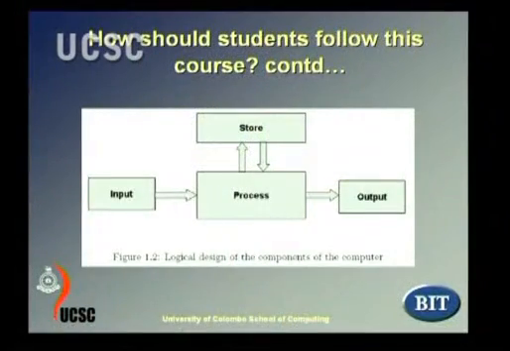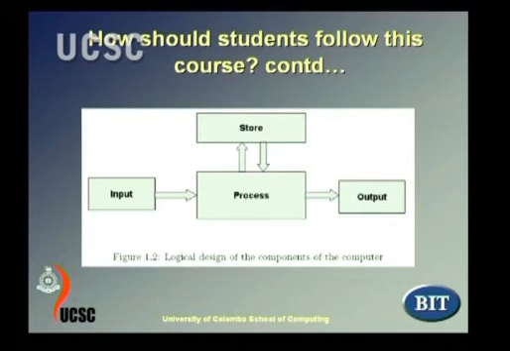Now this is an image I've taken out of the students guidebook, and if students have gone through either the LMS or the guidebook, they should be able to easily identify this image, and then they should be able to see what a computer does.